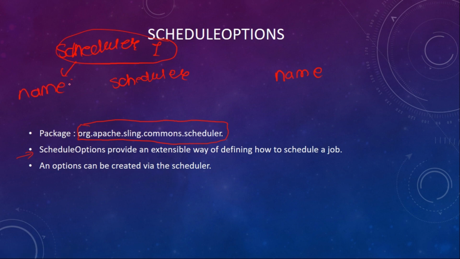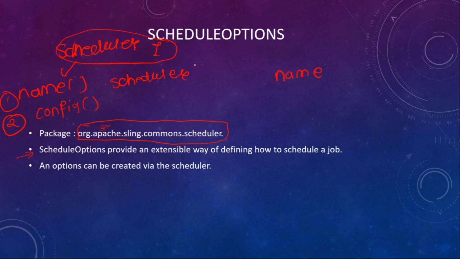Now consider another thing, I just want to pass some extra information when I'm scheduling my scheduler. How can I pass it? I don't have this method as well, so this is nothing but the config, that means configuration we can provide. Now the third one, if you want to run your task concurrently or simultaneously, we don't have this method as well.